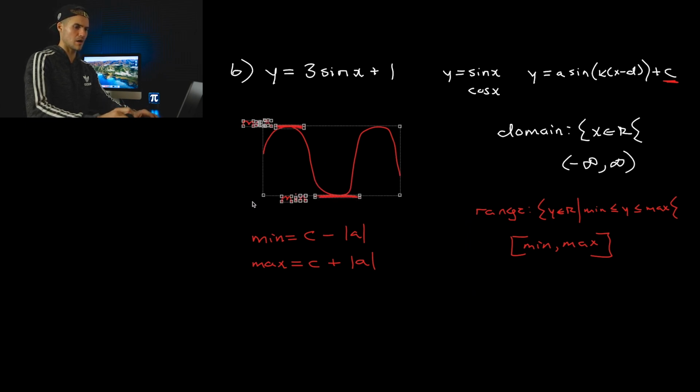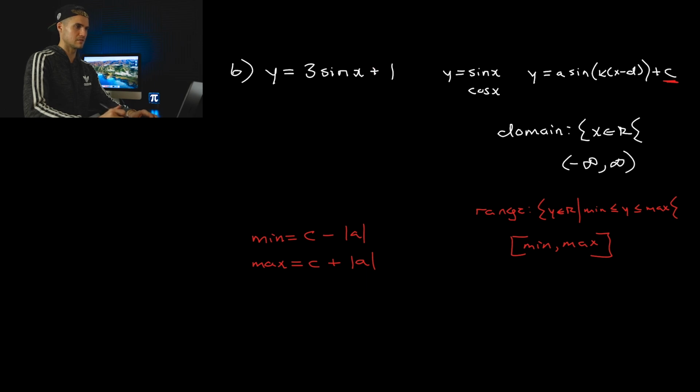So basically, what happens here is the min, it's going to be 1 minus the a value of 3, which is going to be -2. The max value is going to be the c value of 1 plus the amplitude of 3, which is going to be 4, like that, right?